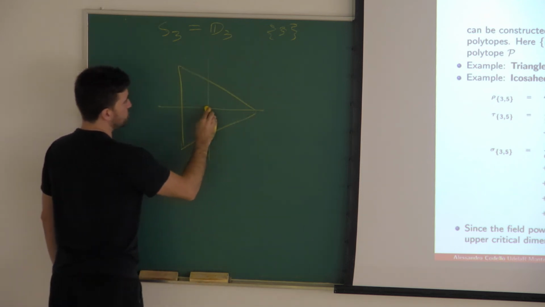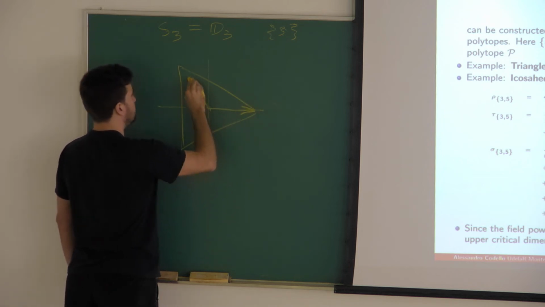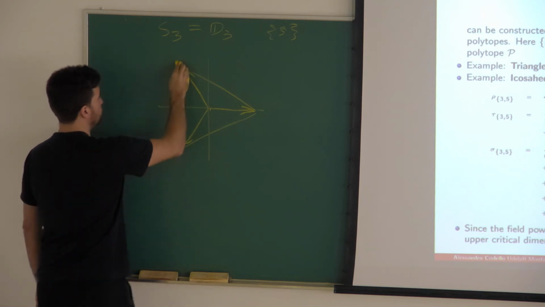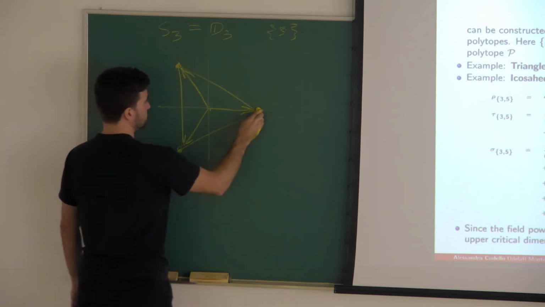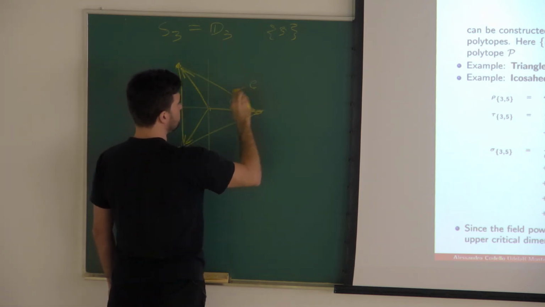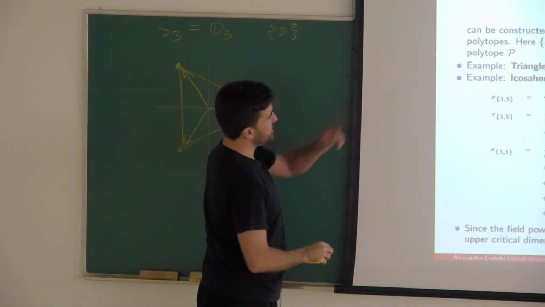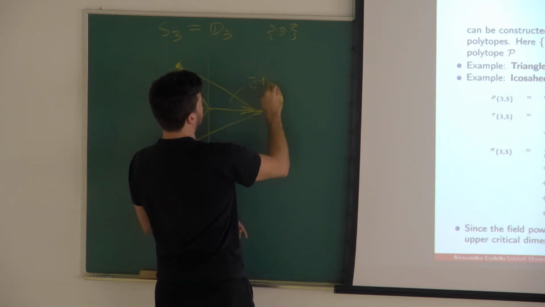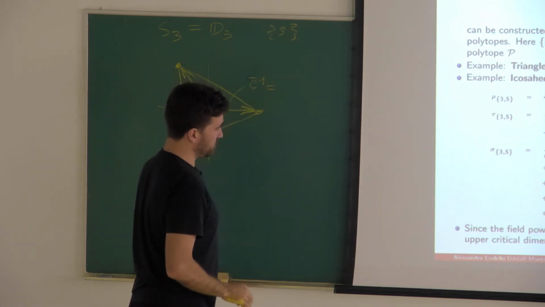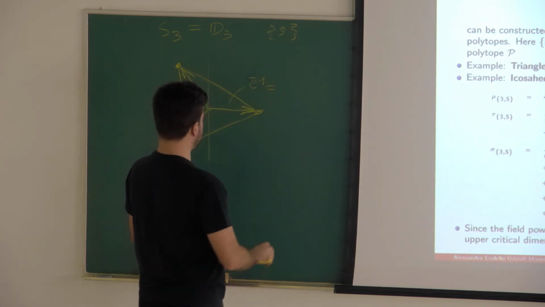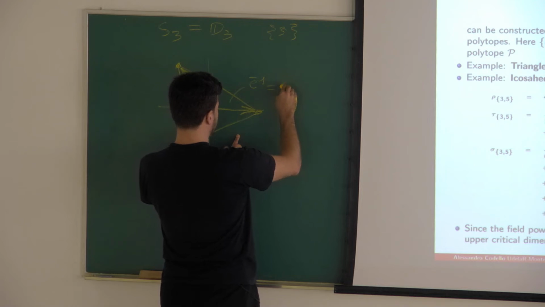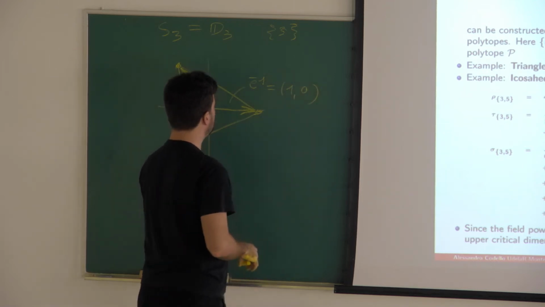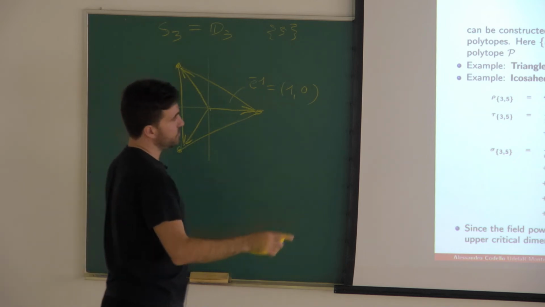So what we do is to draw these vectors, which are the versors to the vertices. So these are the 3 vertices. Okay, so this one is E. I'm going to call it E alpha, with alpha equal to 1. Okay, so this is a vector which could be normalized or not. It's not really important. And for example, in our case, this is equal to (1, 0). Okay, and then the other one now we do.